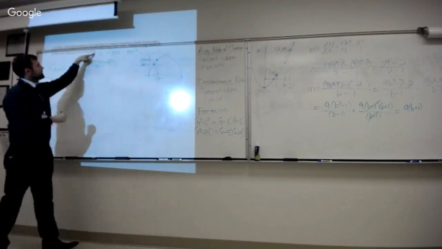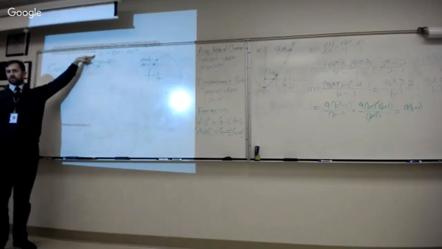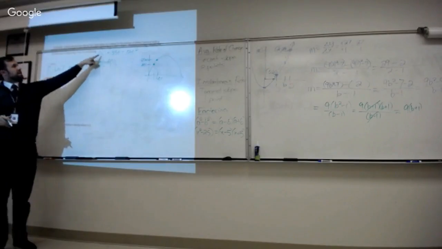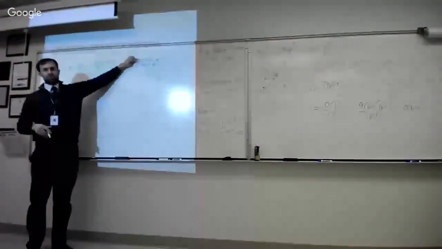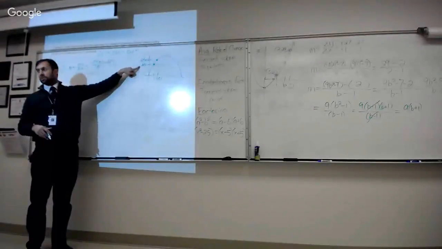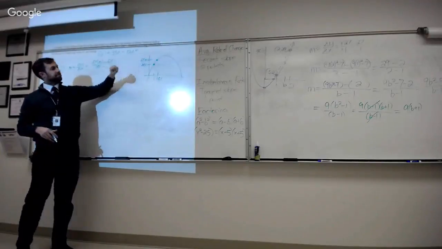Now you probably all noticed that I switched from y to f of x. Why did I switch? They both mean the same thing. Y equals and f of x equals mean the same thing. But f of x provides us a really handy way to write it down, knowing that we're going to plug 1 into the function, and we're going to plug 1.01 into the function.